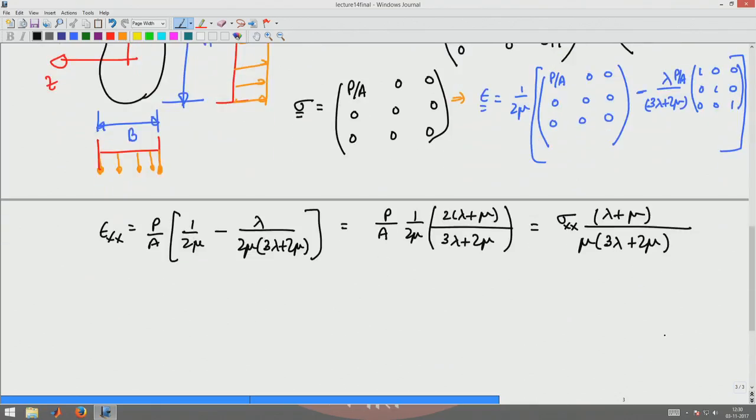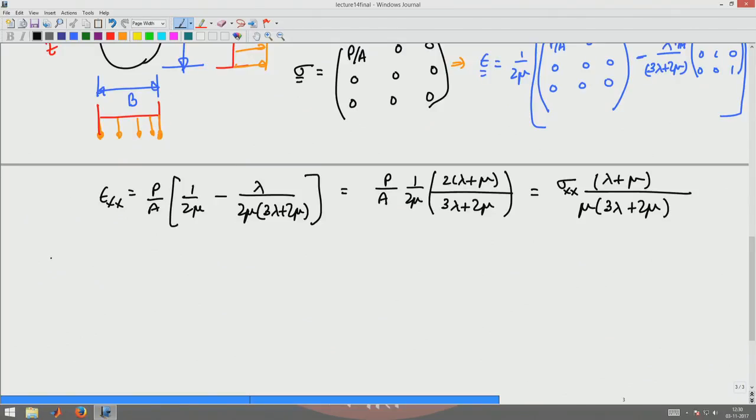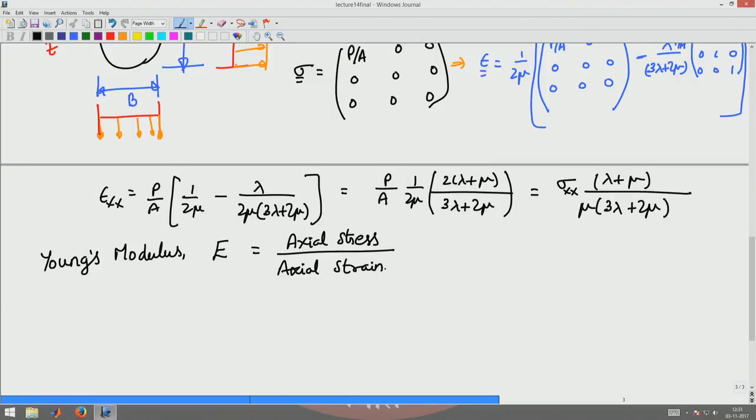Okay. Now, I defined the first modulus, Young's modulus, which is denoted by E for our purposes here, as the ratio of axial stress by the axial strain, that is, the stress applied along an axis divided by the strain developed along the same axis, which in our case would be sigma xx by epsilon xx.